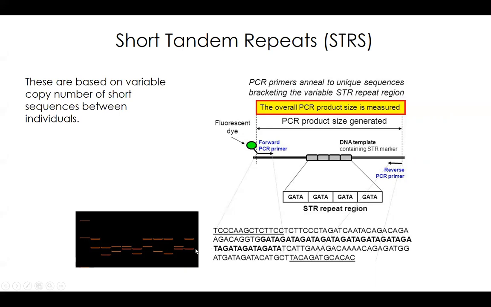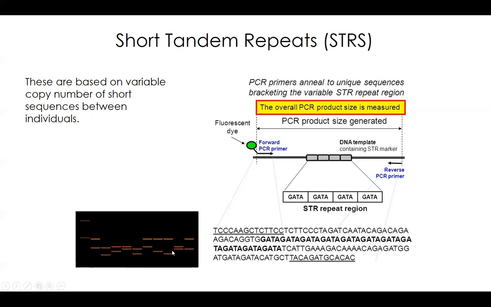Those differences basically boil down to a size difference in the DNA. So we're going to be learning to use these size differences to create different visual patterns on our agarose gels so that we can tell the difference.